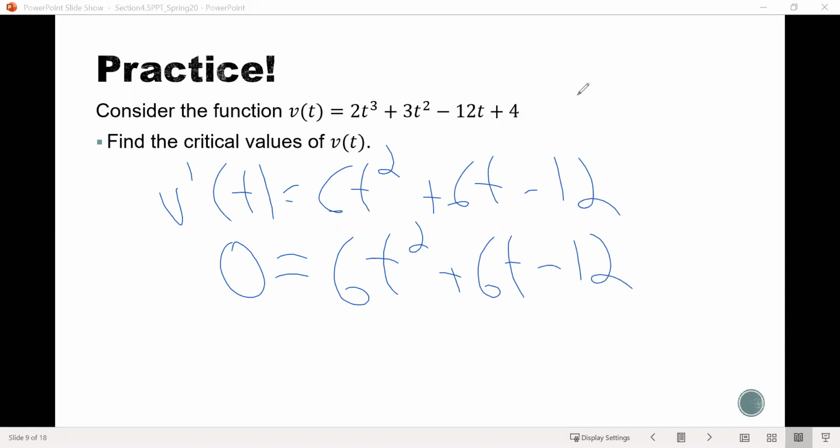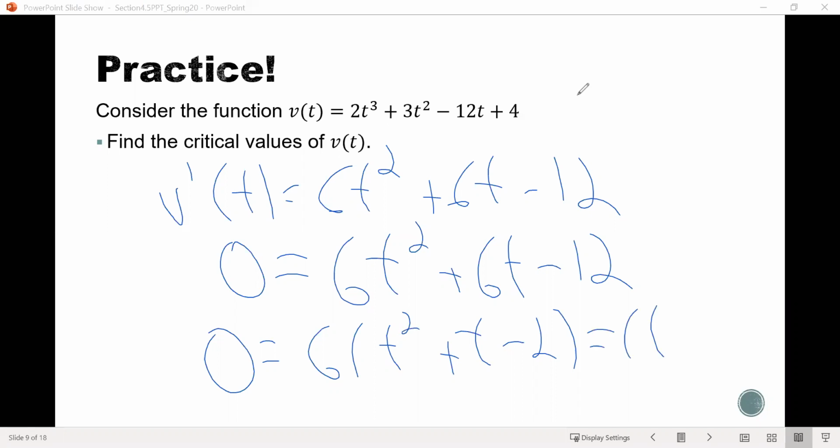We solve this, and in this case we can factor this to 6 times t squared plus t minus 2. And I believe that will factor to t plus 2 times t minus 1, right? Yep. And so we get that our critical values would be at t equals -2 and t equals 1, right?